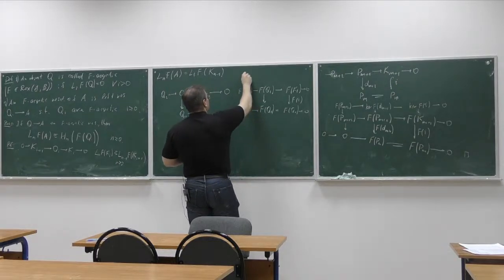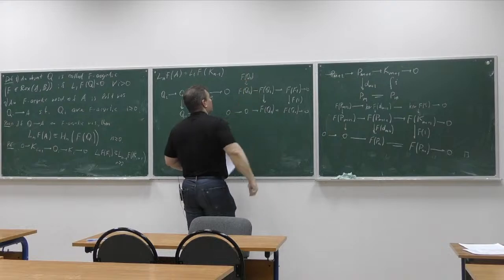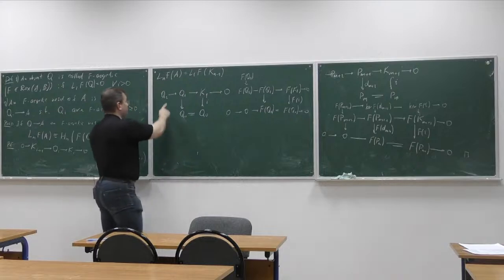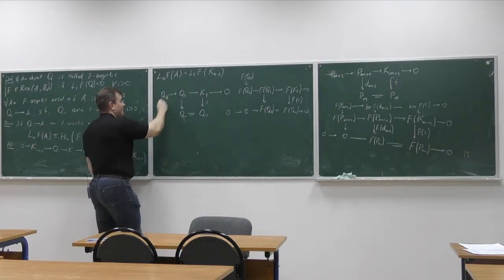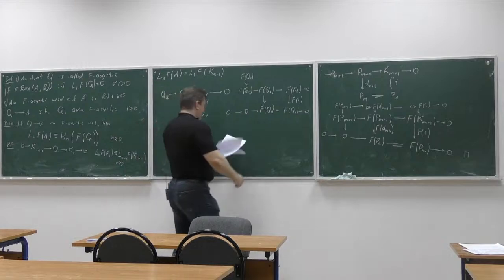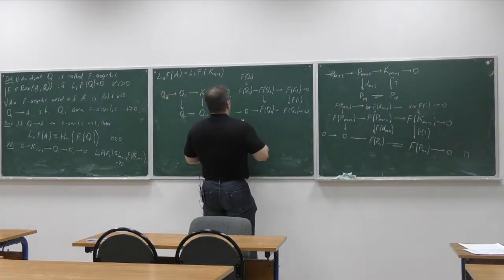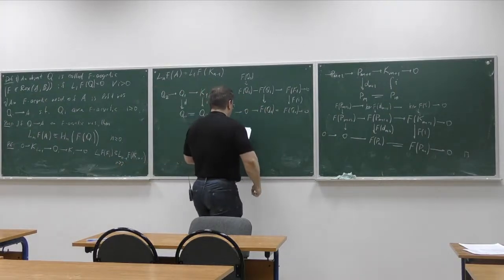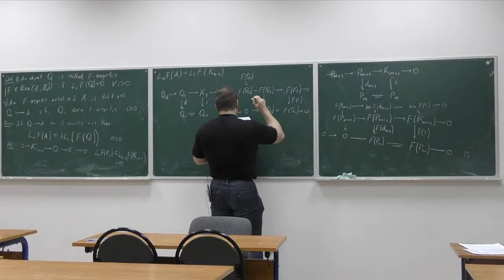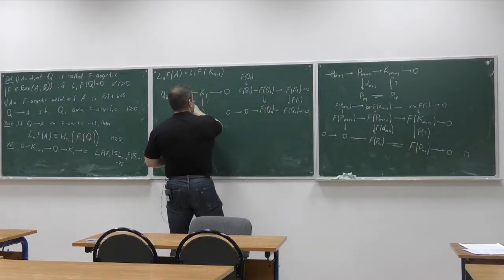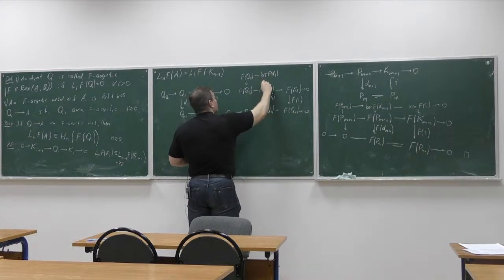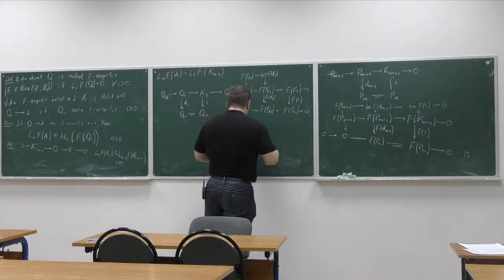So here the first kernel is F of K2. Now this is still the differential in the resolution Q, so let me call this D1. Then this will be F of D1, and this will be some kernel of F of D1.